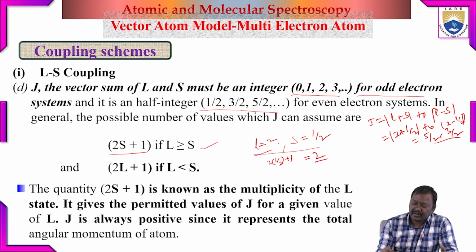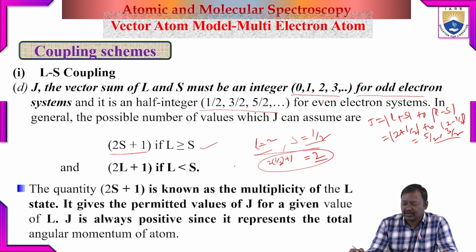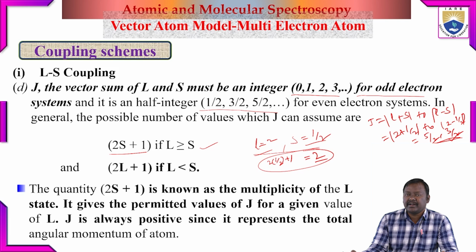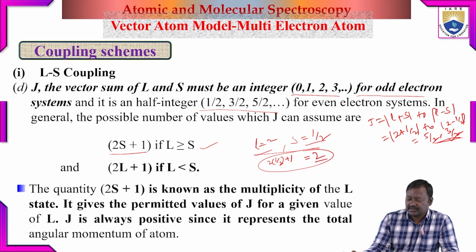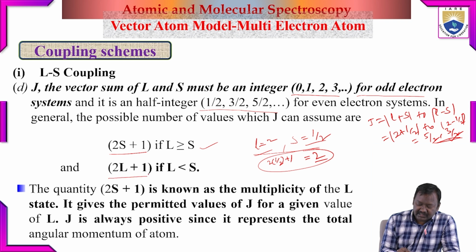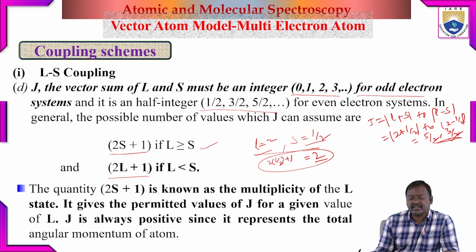As we said, according to the formula, there could be two values for J: one is 5 by 2 and another one is 3 by 2. And again, this is the formula when L is smaller than S. So the quantity 2S plus 1 is called the multiplicity of the L state.